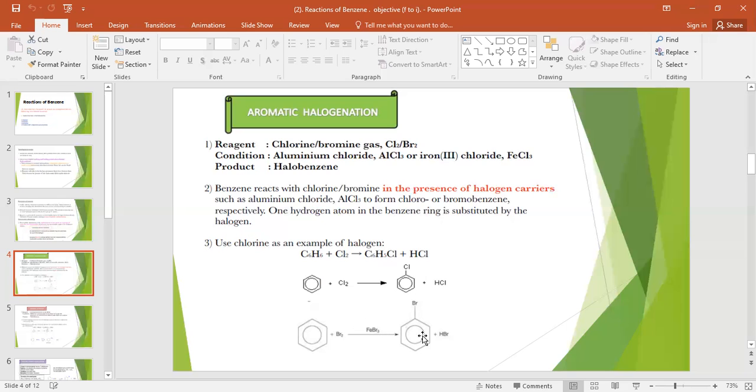This reaction is bromination, and for this one you write chlorination, because here the electrophile is Cl positive, here the electrophile is Br positive. When they attack the ring, Br positive forms bromobenzene, and if chlorine, it forms chlorobenzene. This is the first type of reaction.